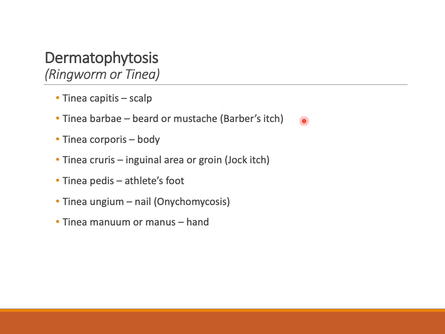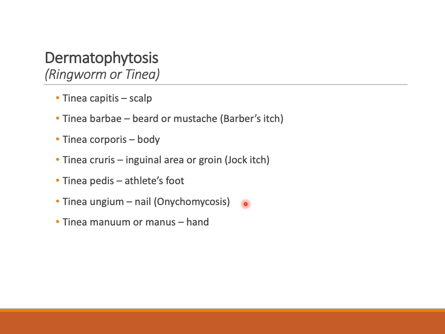Tinea barbae if it is found in the mustache or beard, also referred to as the barber's itch. If it is found in the body, corporis. If it is found in the inguinal area or groin, also referred to as jock itch, we call it Tinea cruris. Then if it is found in the foot, we call it Tinea pedis, commonly known as the athlete's foot.